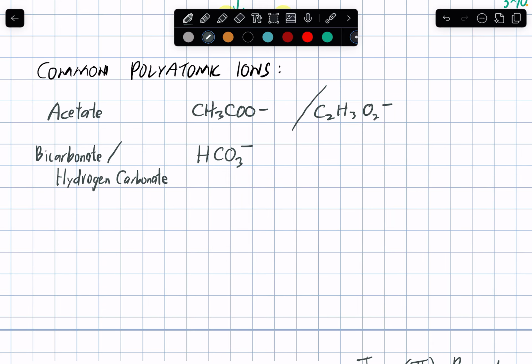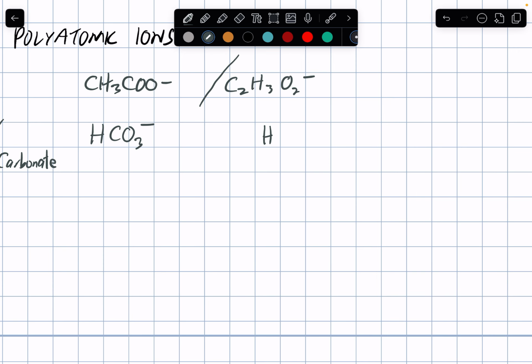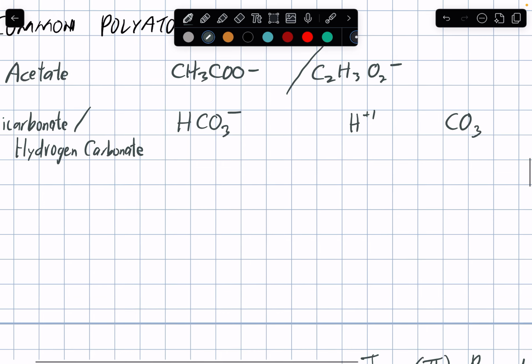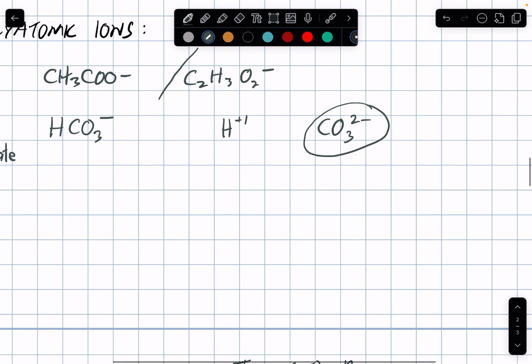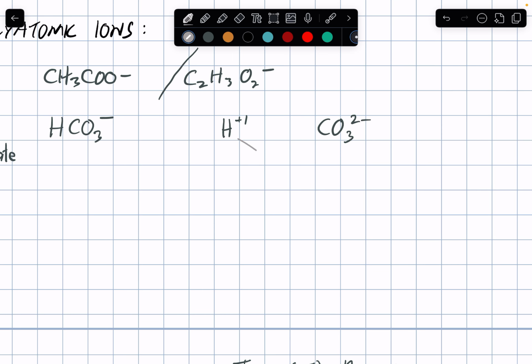So why is it like that? We all know that hydrogen is +1 in terms of ionic charge, and carbonate is always CO3 2 minus. That's another polyatomic ion. So if you merge them together, we have H and CO3.